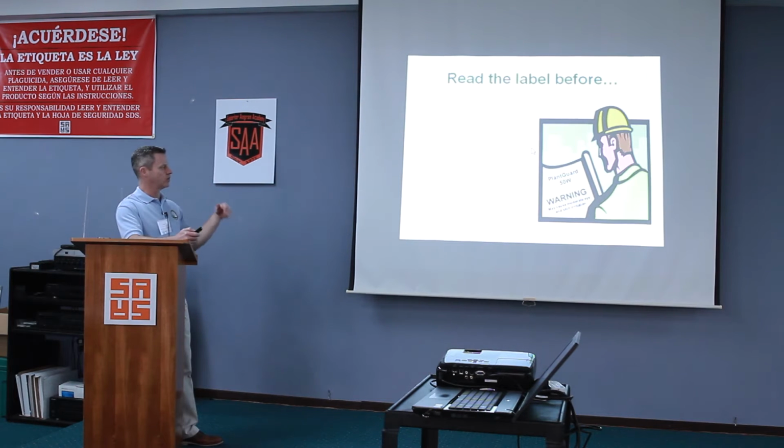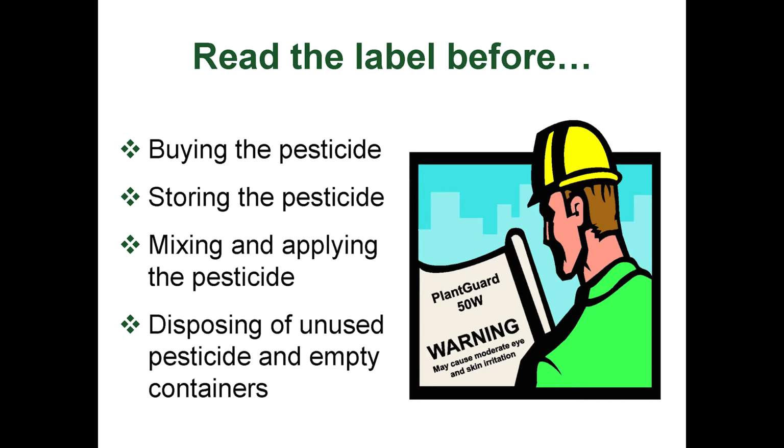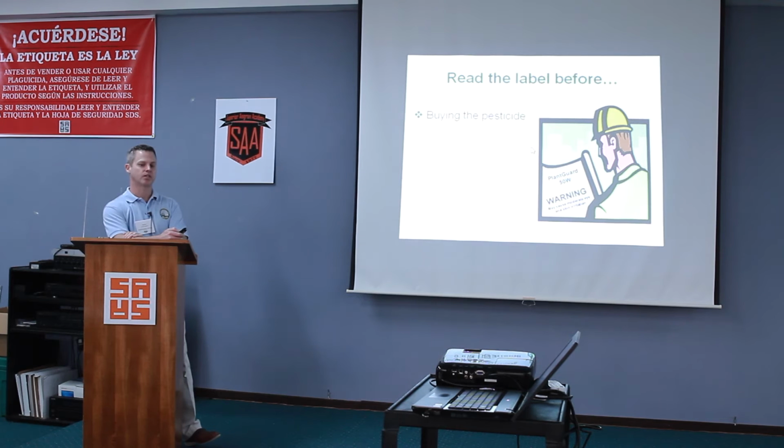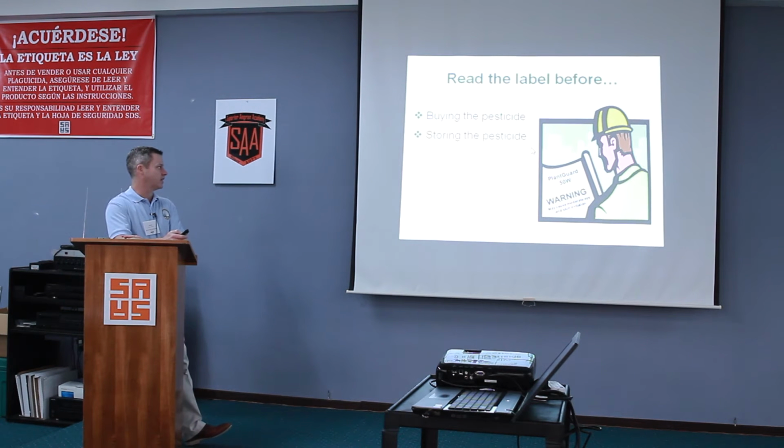So just real generally, what you should do before reading the label is, when you're buying a pesticide, you should look at the label first. And there's certain information that you'll want to look at. Jim talked about this yesterday, knowing what pest you're going to treat before you buy a pesticide.